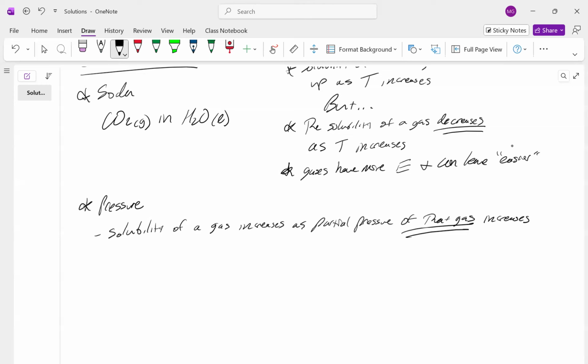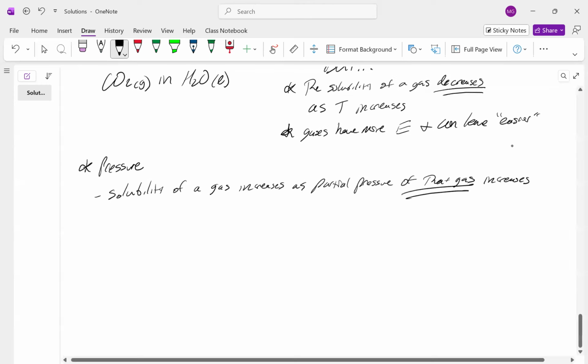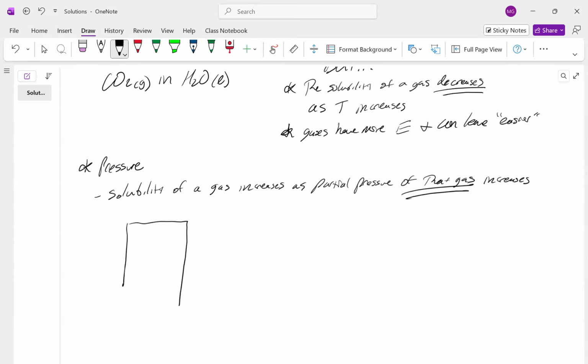So for example, let's imagine a closed can of soda. Here's my great drawing of a soda can. I'll leave a little bit of airspace here because there's a little bit of carbon dioxide in the empty space, and there's a lot of carbon dioxide inside the soda.